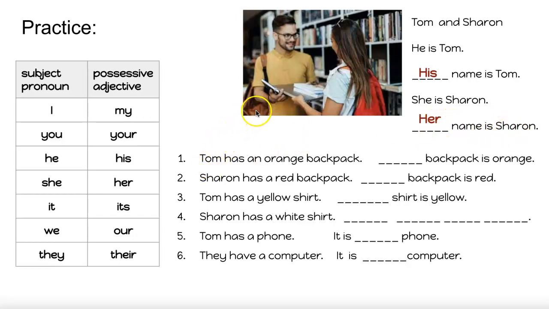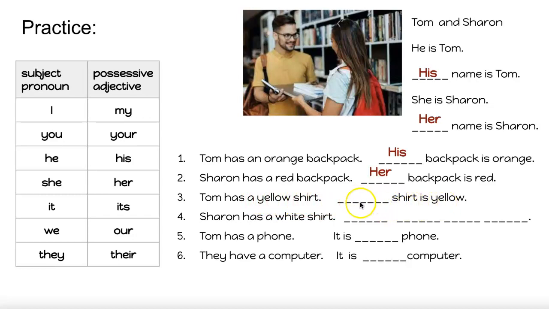Let's read number 1. Tom has an orange backpack. Blank backpack is orange. His. His backpack is orange. Number 2. Sharon has a red backpack. What is missing? Her backpack is red. Number 3. Tom has a yellow shirt.